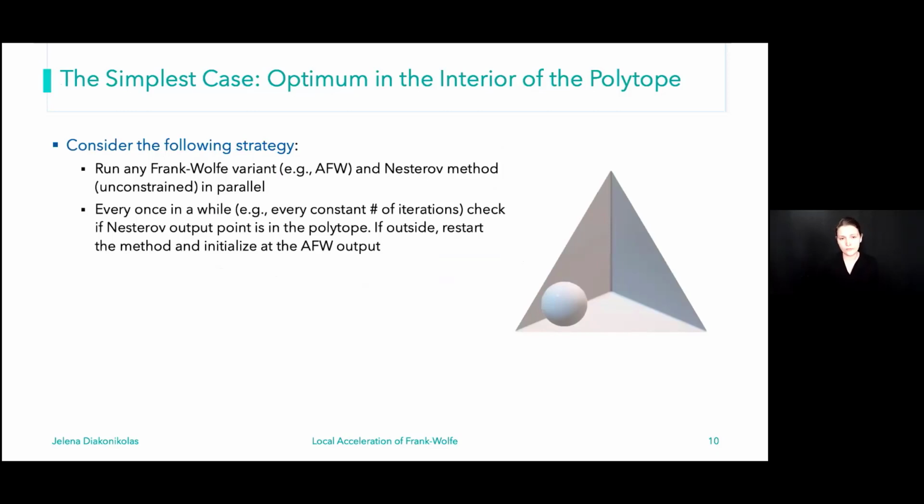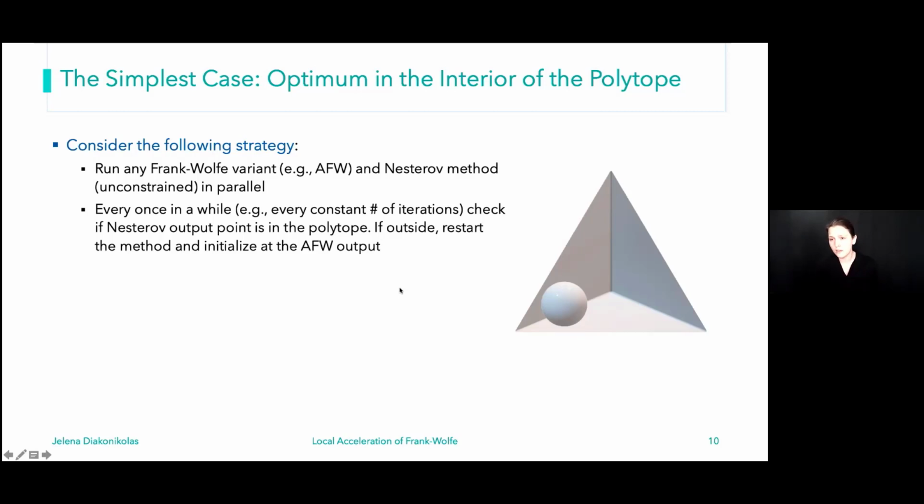Now, if your optimum lies in the interior of the polytope, you know that after some time, while running Nesterov, you're going to land inside the polytope, and kind of close to the optimum solution. So every once in a while, you check whether Nesterov's output is in the polytope. If it is outside, you could restart the method and initialize at this Frank-Wolfe variant. It will place you back into the polytope.